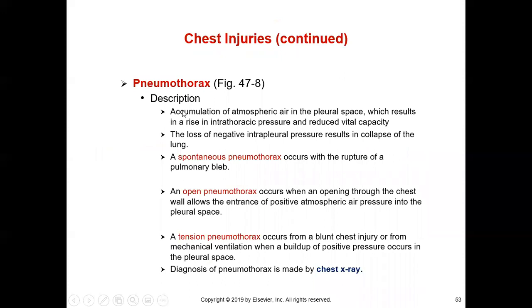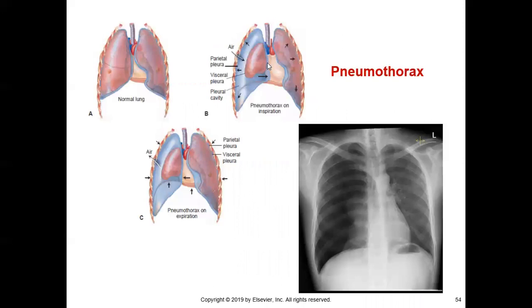And what next? Pneumothorax. So pneumothorax, most common. If a patient has pneumothorax, what does it mean? It means increased air or fluid in the pleural space. So in this picture, we see the normal lungs, and normal lungs along with the pleural membrane.